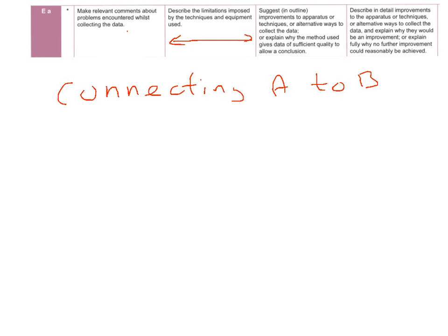What did it cause a problem? Maybe it caused you problems in a time delay, maybe some gas escaped, maybe it's difficult to take accurate readings initially when you're connecting them up.